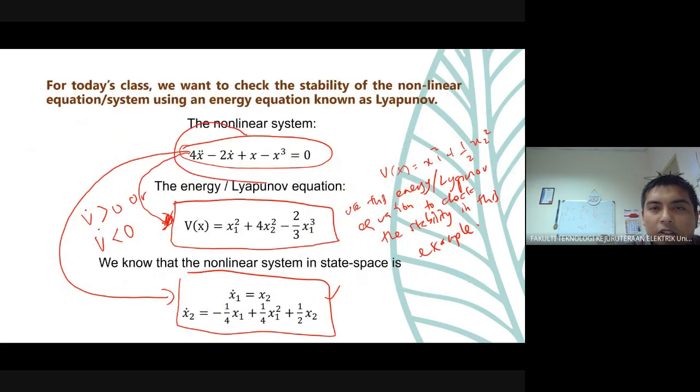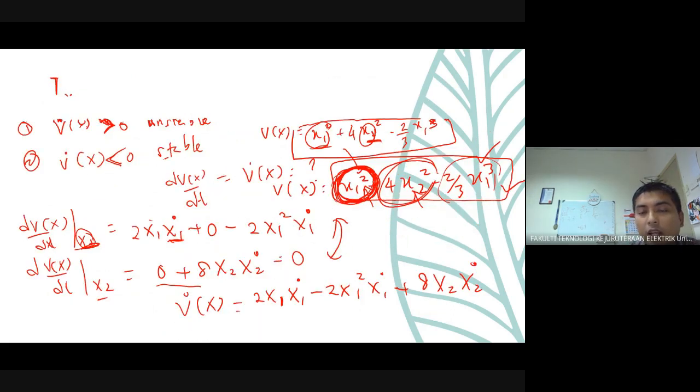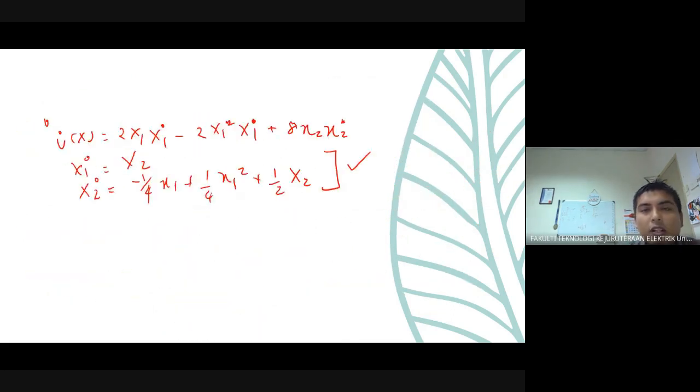We have the nonlinear system and then you convert to the state space. This is the state space. So you know that x1 dot equal to x2 and x2 dot equal to negative 1 over 4 x1 plus 1 over 4 x1 square plus 1 over 2 x2. Okay, so now you need to replace x1 dot equal to this equation and x2 dot replaced with this equation.